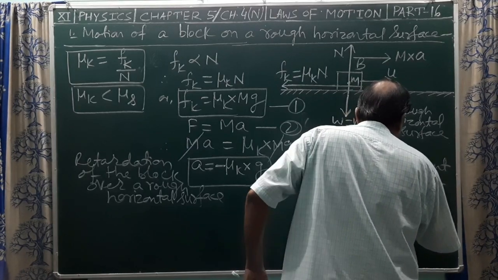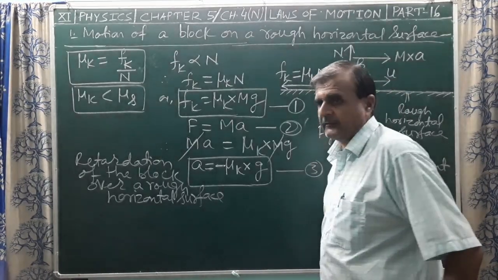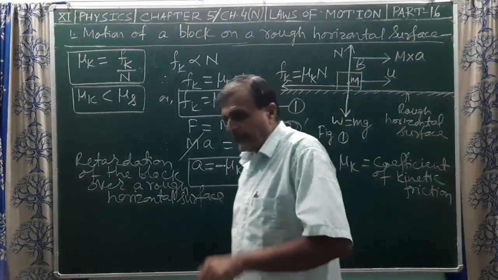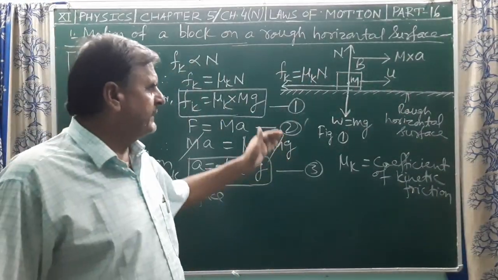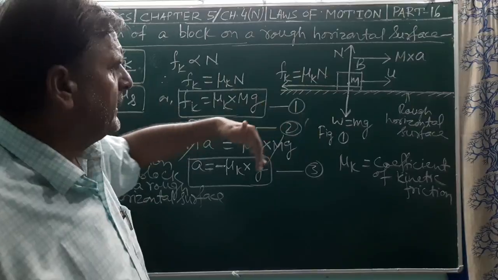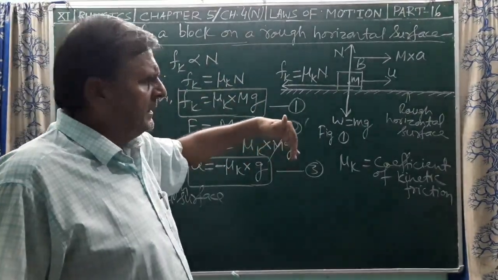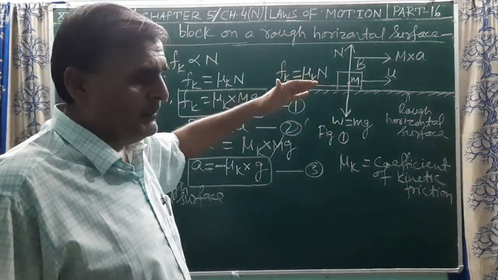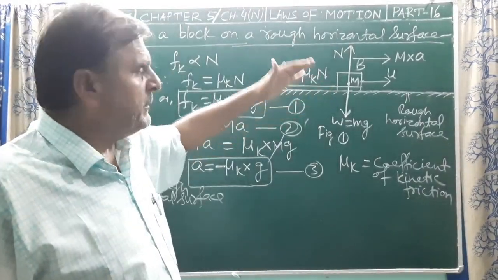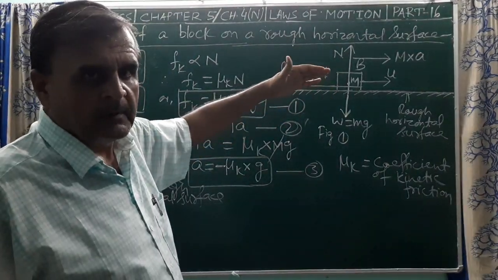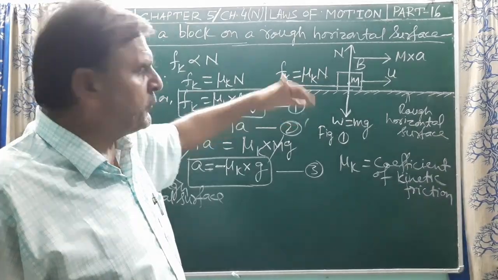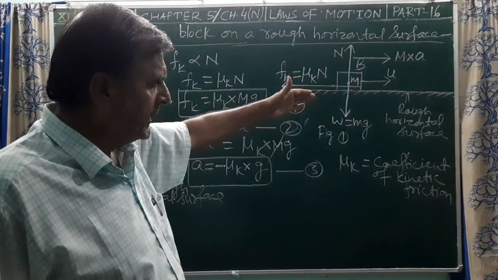Now we have to obtain the formula for stopping distance. If the block is moving on a rough horizontal surface with initial velocity u, it will be slowed down, and ultimately it will stop due to friction of the rough horizontal surface.